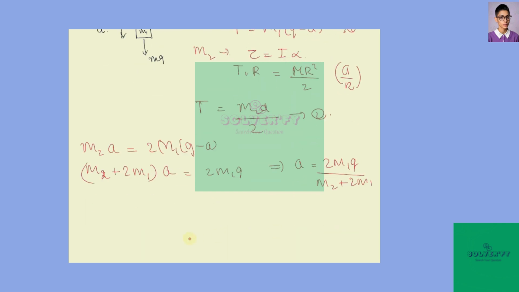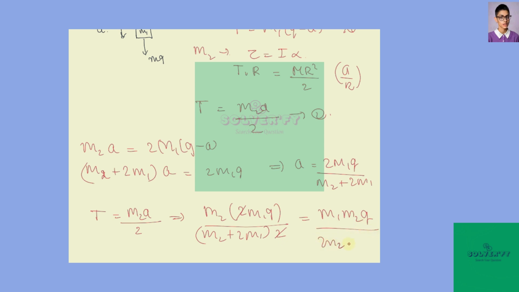Then the tension T is given by m2 into a divided by 2. Substituting for a, we have m2 into 2 m1 g divided by (m2 plus 2 m1) into 2. So the 2 cancels, and we have T equal to m1 into m2 into g divided by (m2 plus 2 m1). So this is the first part.